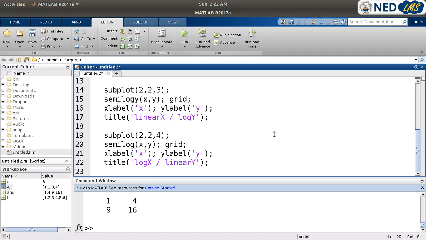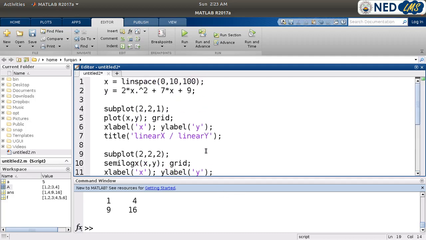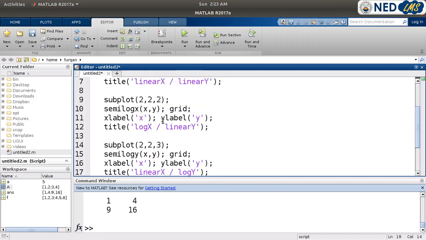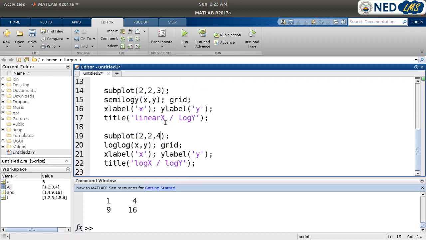Now loglog, it will become the fourth. Now we have accommodated all four areas that we have created. In the first area we are normally plotting x and y. In the second area we are plotting with log of x on the x-axis and linear values on y.